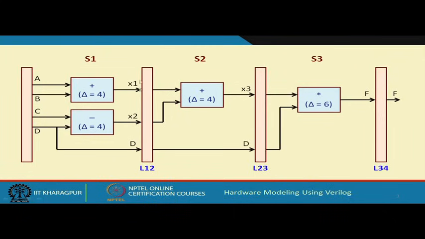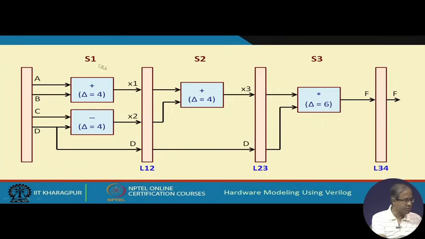Now, in order to do it in a pipeline, you will have to insert, as I said, latches or registers in between the stages, because when the first calculation is over in stage 1 and you move to stage 2, these temporary results x1, x2 and also this D must be held somewhere so that stage 2 can start.